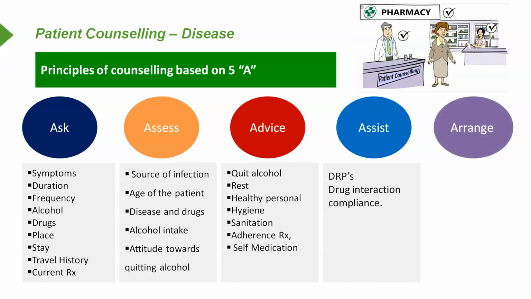Finally, the fifth principle would be arrange. You refer the patient to a doctor or follow up for monitoring the effectiveness of therapy. So whatever you do, you initiate all these 5A principles: ask, assess, advise, assist and arrange, in this manner.